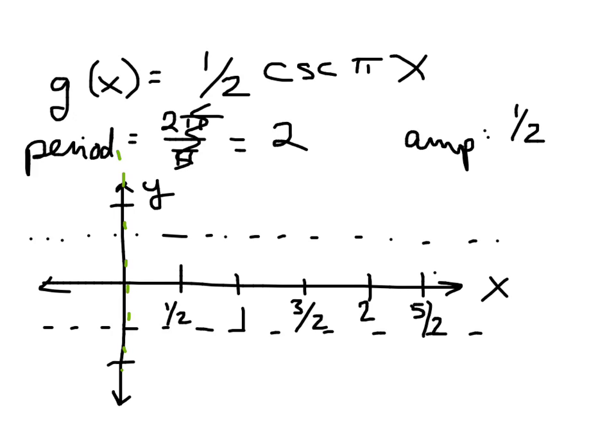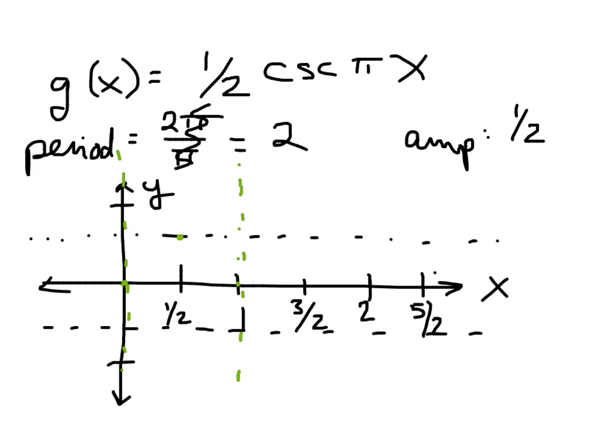When I made a sine curve, it started here and then went up to here. When it's on an amp, you don't make a vertical line. When it's on the midline, you make a vertical line. Then at 1, you would have hit the midline, so vertical line.